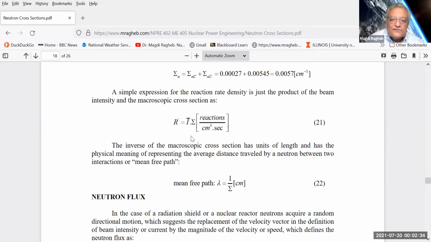And this is a very simple relation. If you know the capital Sigma and you know the beam intensity, then you can calculate, say, the number of fissions per centimeter cubed per second, or the reaction rate density.